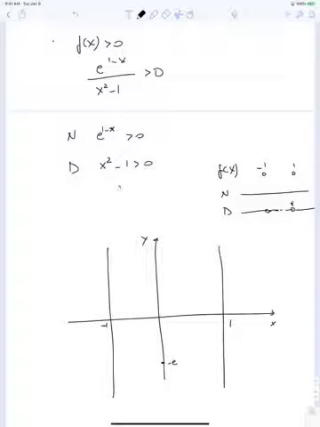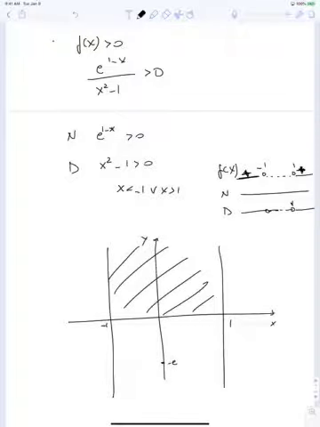So the function itself is positive for x less than minus 1, it's positive for x greater than plus 1, and it's negative in between. So it's going to be positive here, negative here, and positive here.